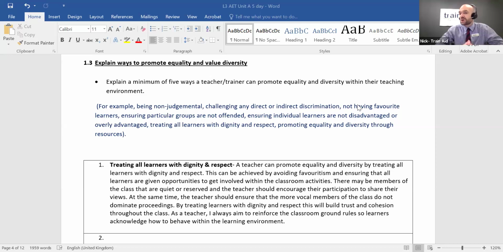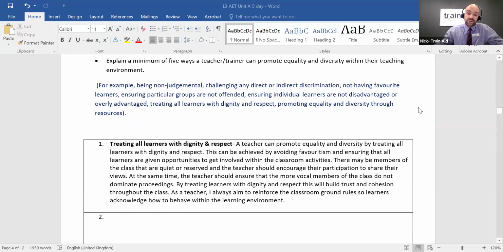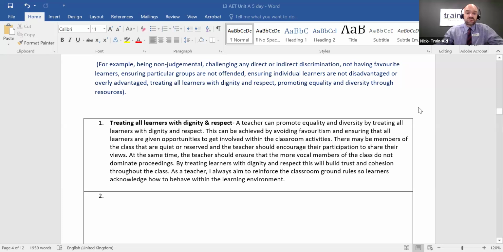Things such as a college newsletter can promote particular days, events within the calendar, and that promotes learner awareness as well of these different events and cultural festivals, which I think is a really good thing as a teacher or trainer.